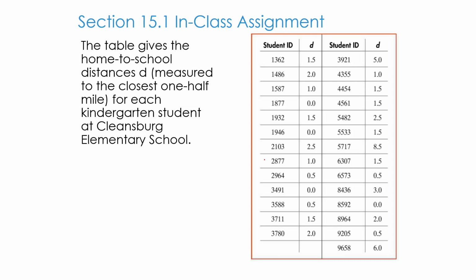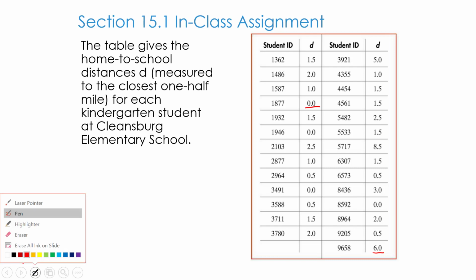And so our distances vary from a low of 1.50 to a high of 6. Okay, so we want to organize this in a histogram, not a bar graph, because the distance is continuous.